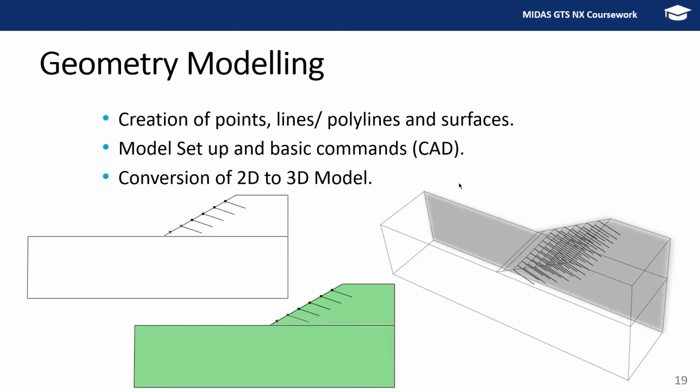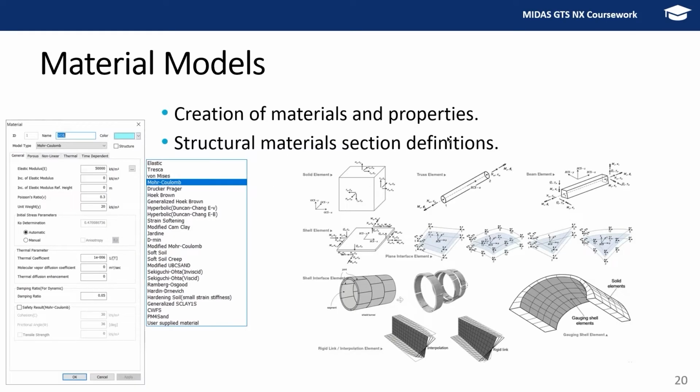When we come to material models, we have various solid models that are important for geotechnical analysis. Here we have models like Drucker-Prager, Hoek-Brown, generalized Hoek-Brown, Duncan-Chang, Cam-Clay, Jardine, modified Mohr-Coulomb, the soft soil model, the UBC sand for liquefaction, and then we have S-Clay and PM4 Sand.